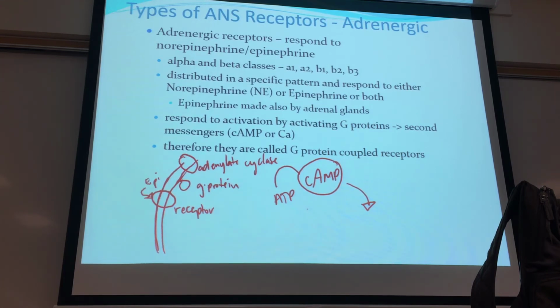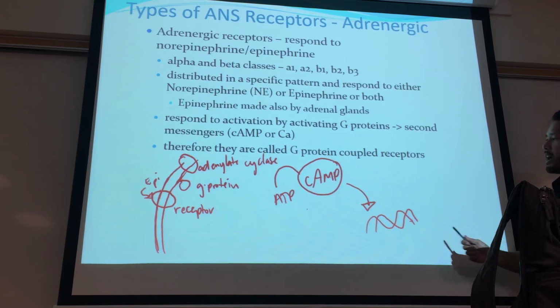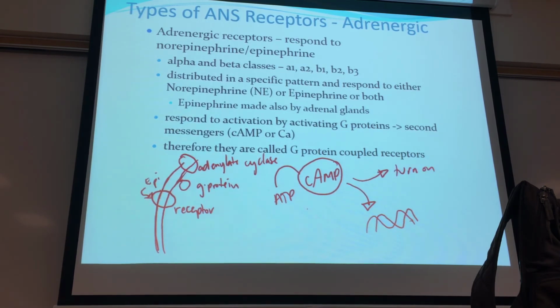Whether that's increased production of proteins within the DNA, or maybe that cyclic AMP will turn on other enzymes, and so forth. So that's what's going to take place. And again, we'll go into more detail about that later.